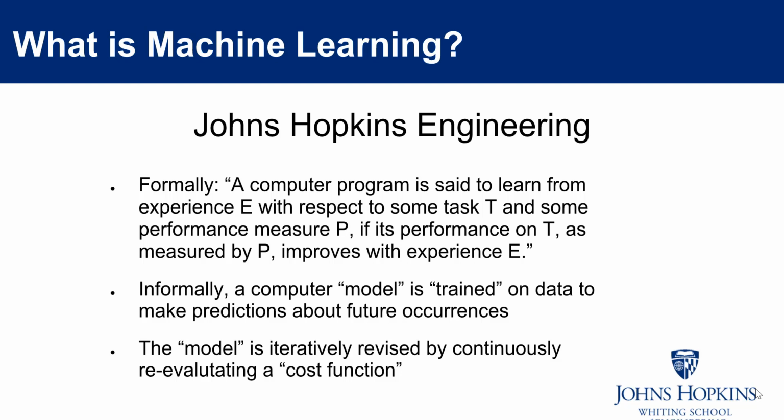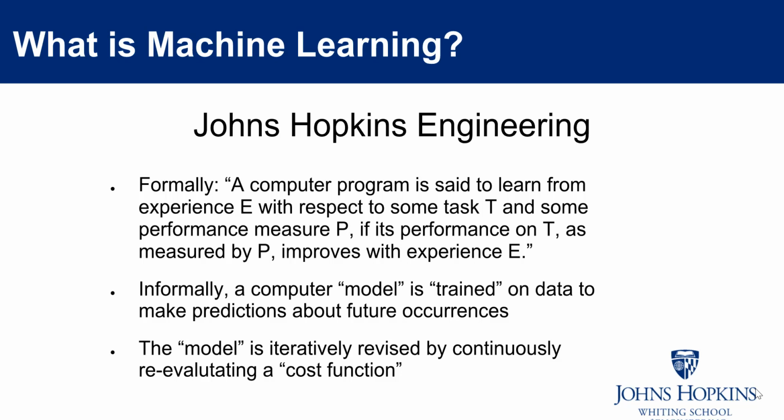So in this case, T, the task, is passing cars through a traffic light. The experience E is the results that we get from each day. And the performance measure P is specifically the number of cars that we're able to get through an intersection in an hour. I think it's much easier to understand this informally.